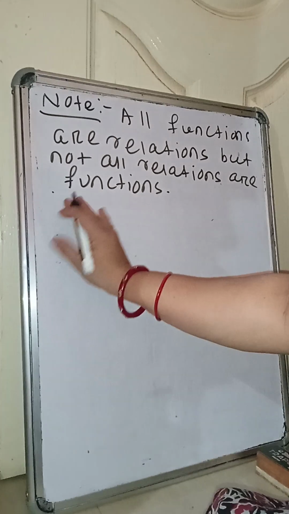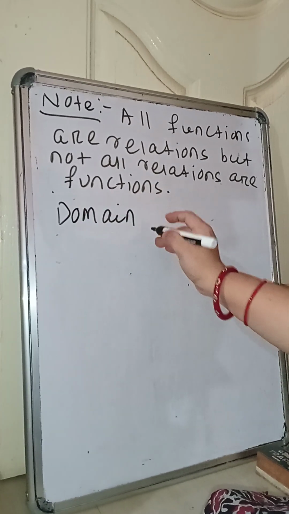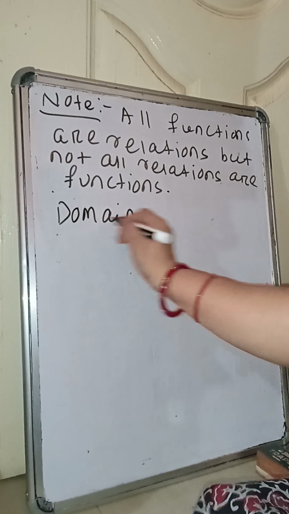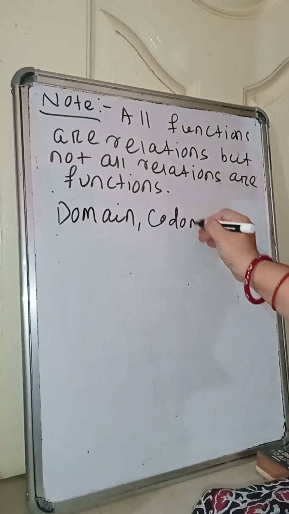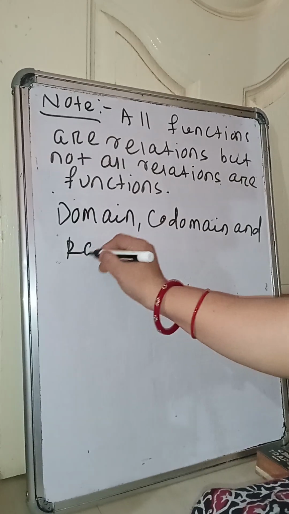While defining our function and relation, you are finding your domain, codomain and range. Here also you can find the domain, codomain and range of a function.